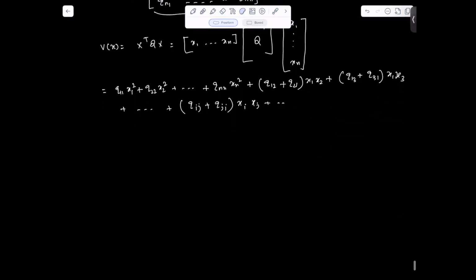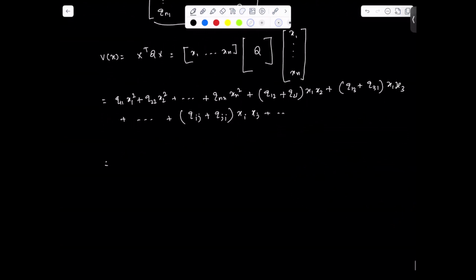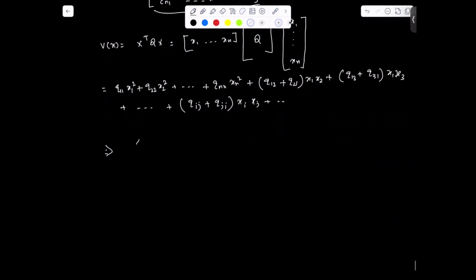From this we can write Qij equal to Kij when i equals j, and Qij equal to half of (Kij plus Kji), which is also Qji, when i is not equal to j.